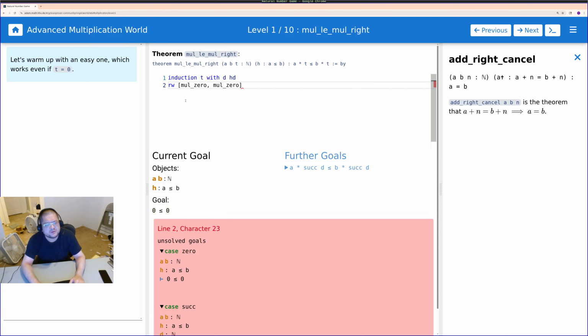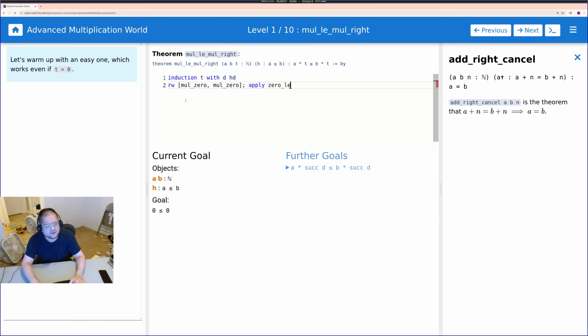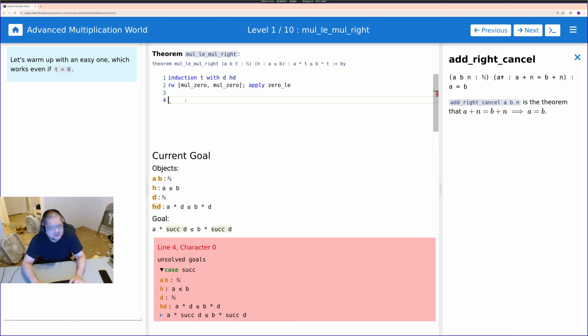Okay, so now we have 0 less than equal to 0, which is just apply 0 LE. That handles the base case. Now onto the inductive case.